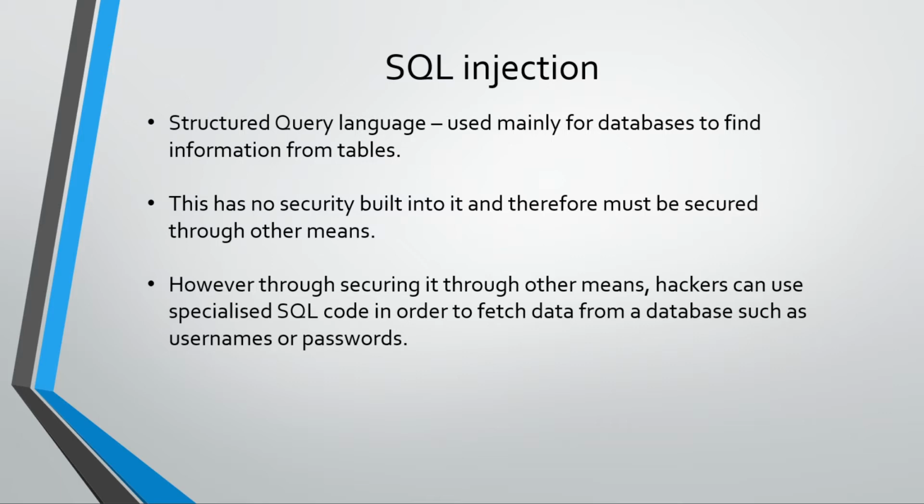But because it has to be secured through other means other than the actual language itself, they can use specialized SQL codes or languages to put into the code to fetch data out of a database that they shouldn't, such as usernames or passwords. So when you type in on Amazon, for example, and you search for something, say like a controller, that uses SQL.